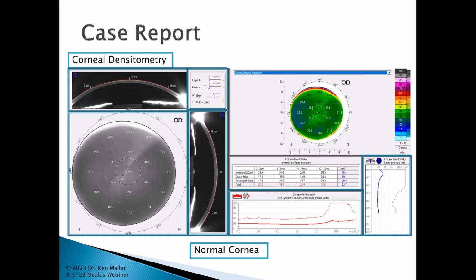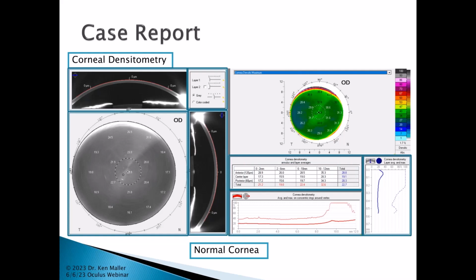But this is doing it from center to edge in concentric rings. So the center is the apex of the cornea, and it's certainly going to be within the visual axis. The more toward the right you go, that's going to be more toward the limbus. You can see that we get a little bit more opacification as we go out toward the side, which is very typical as some of the deeper layers of the cornea begin to interfere with light transmission.